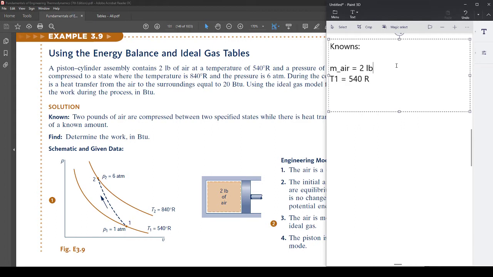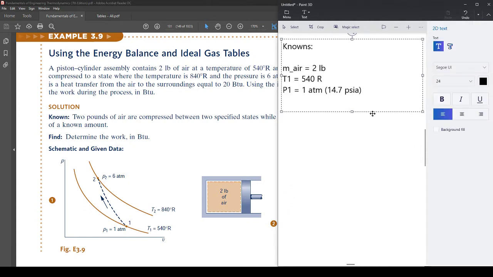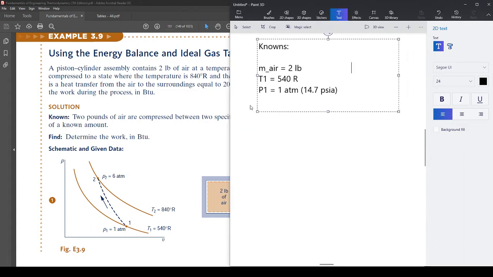That's what we've been given so far. We were also given a pressure, P1, of 1 atm, which is 14.7 psi, right? There are a couple other things we'll get to in just a second.